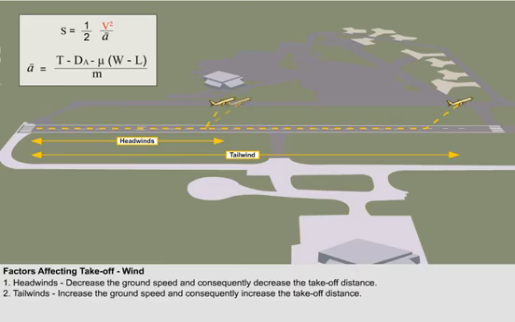The additional effect that wind will have is on the angle of the initial climb. Headwinds will tend to both increase the angle of initial climb and reduce the takeoff distance, whereas tailwinds will both reduce the angle of the initial climb and increase the takeoff distance.